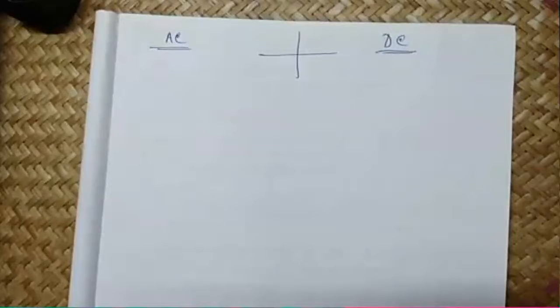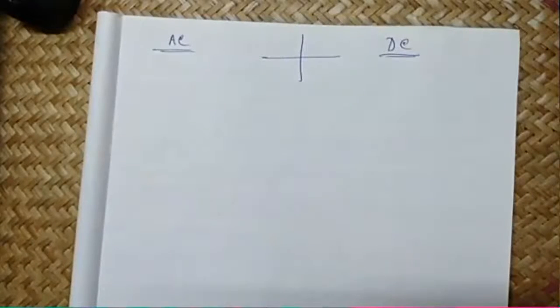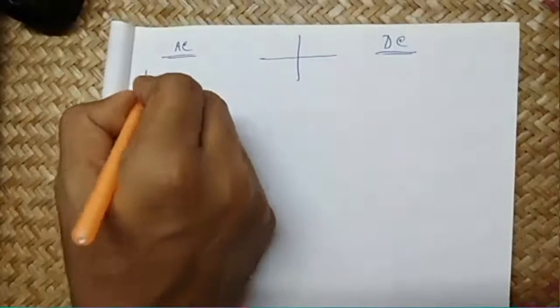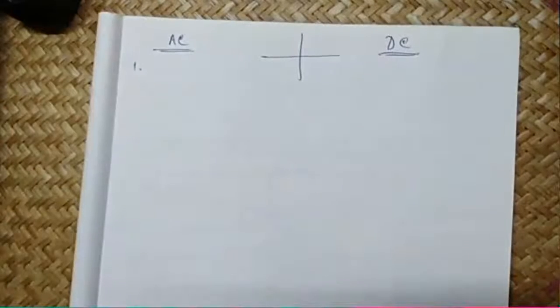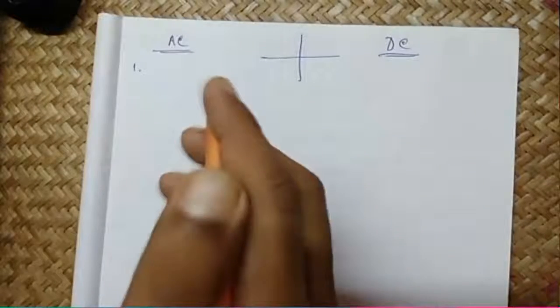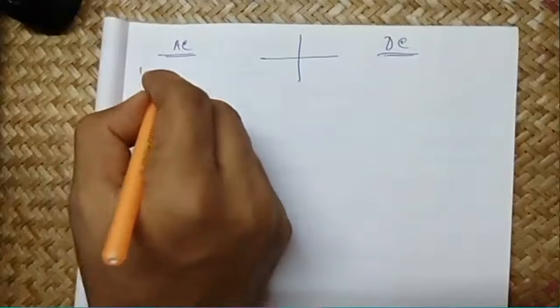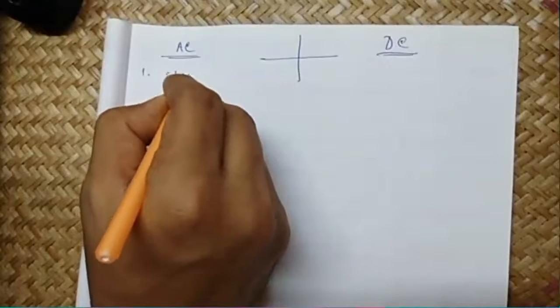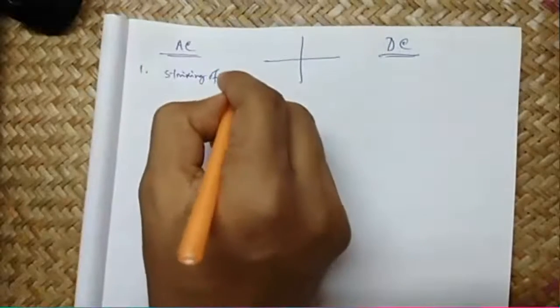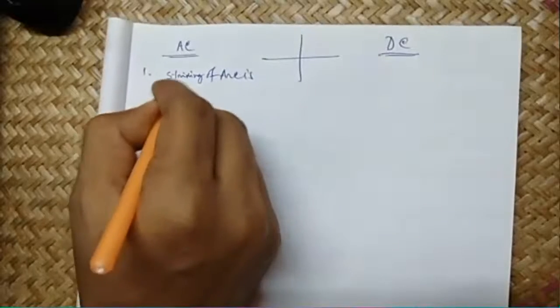Whenever a question asks for comparison or differentiation, you must take two columns and then compare them. In AC arc welding, striking of the arc, I mean generation of the arc, is difficult.